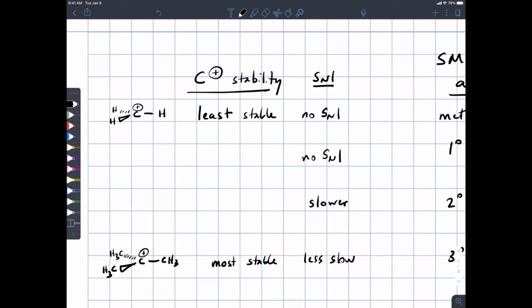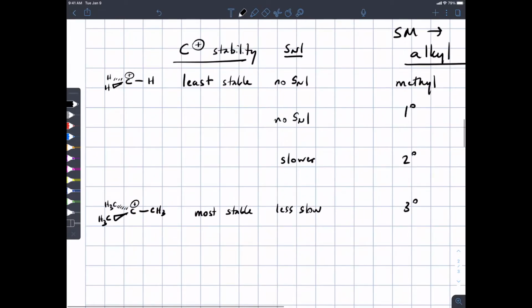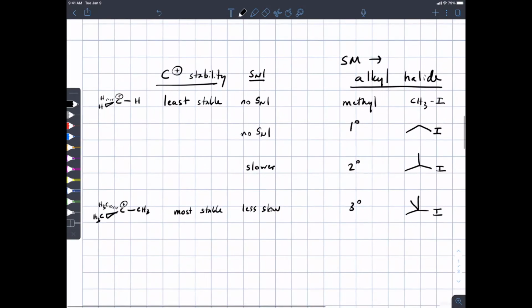And in fact, the biosynthesis of cholesterol involves a ton of tertiary and secondary carbocationic intermediates. So I guess we can draw the secondary carbocation here and the primary carbocation here. And stability decreases as we go from tertiary to primary.